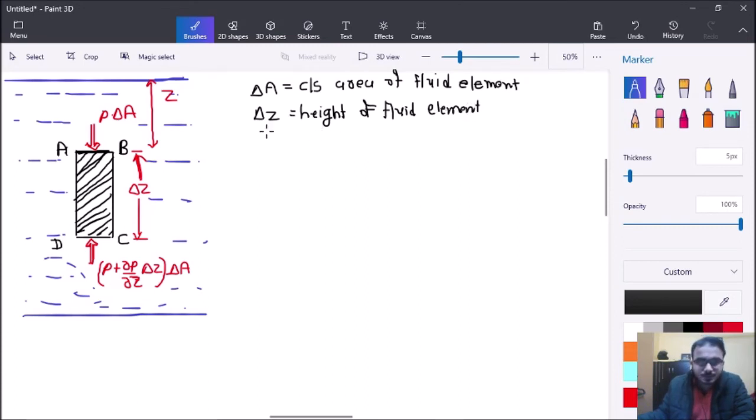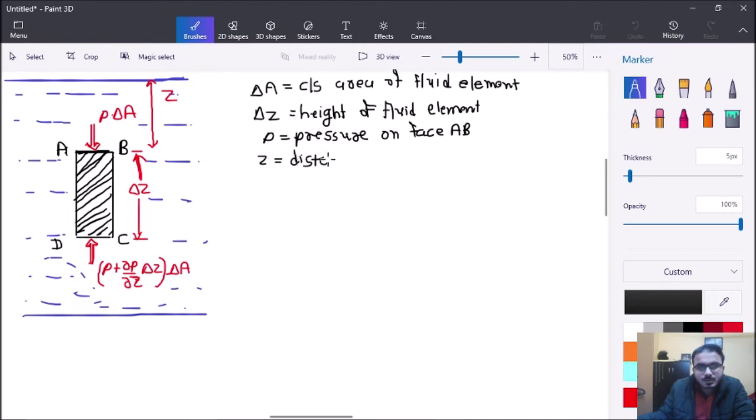Then we have P as pressure on face AB and Z is equal to distance of face AB from free surface.